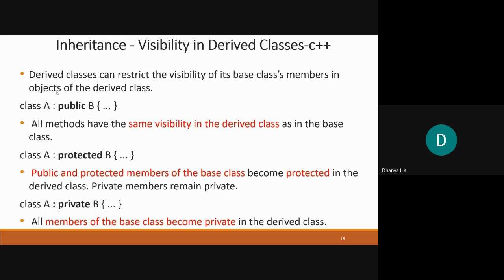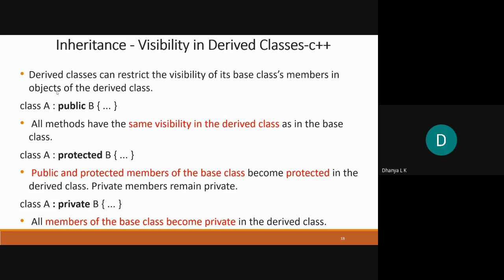If we are implementing using protected, then class A colon protected B means all public and protected members of the base class become protected in the derived class. And if we are writing private before B, then all members of the base class become private in the derived class.